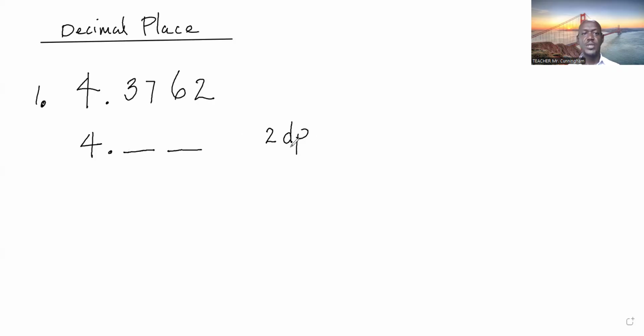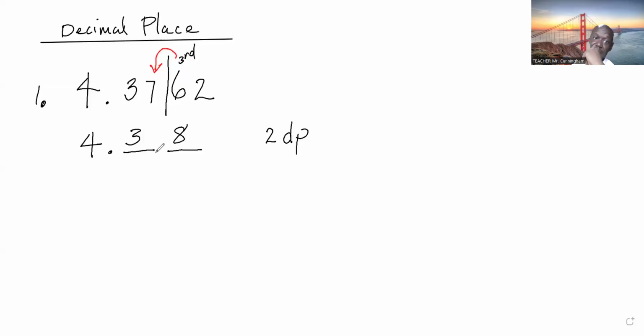So if it's 2 decimal places, it must be 2 numbers. So it means that you must look at the third place. If that number is 5 or more, you have to add 1 to that second number. In this case, it's 6. So our answer would be 4.38.